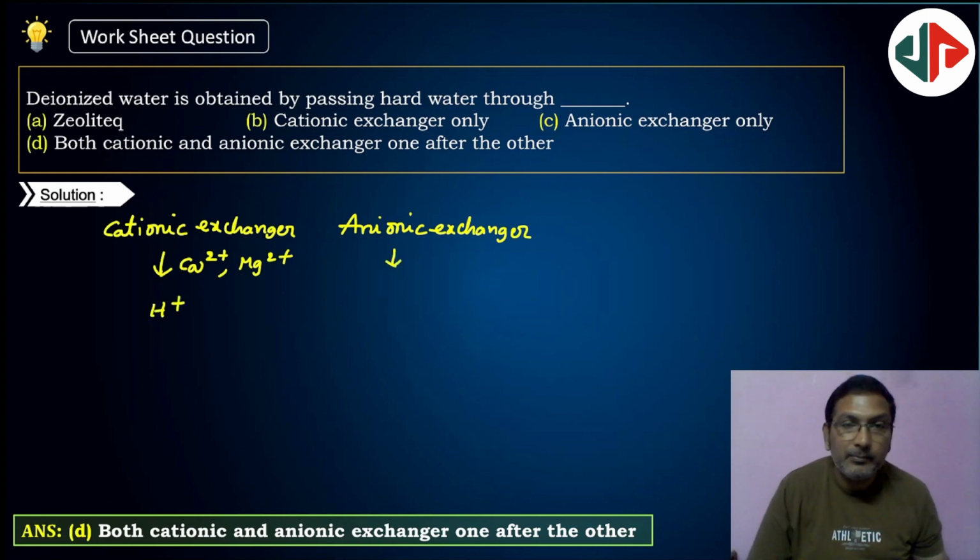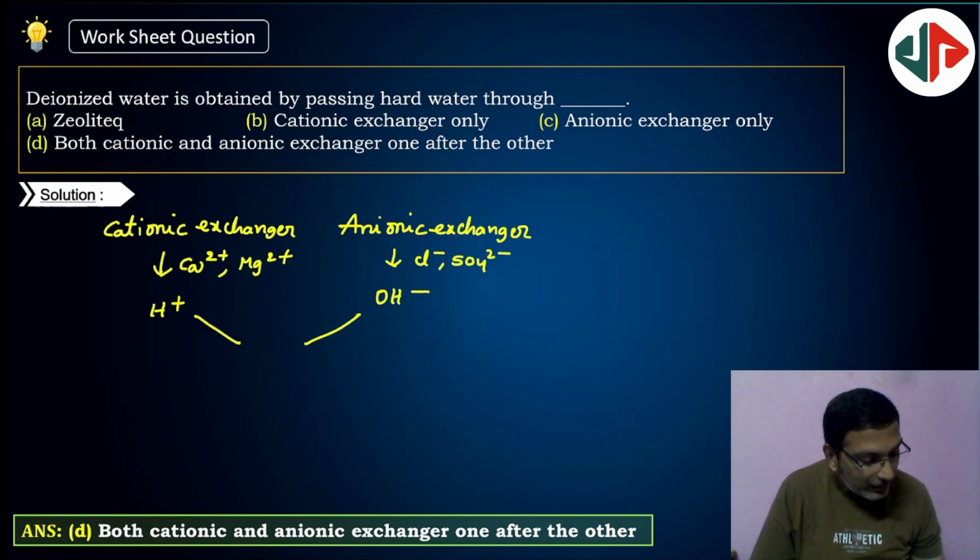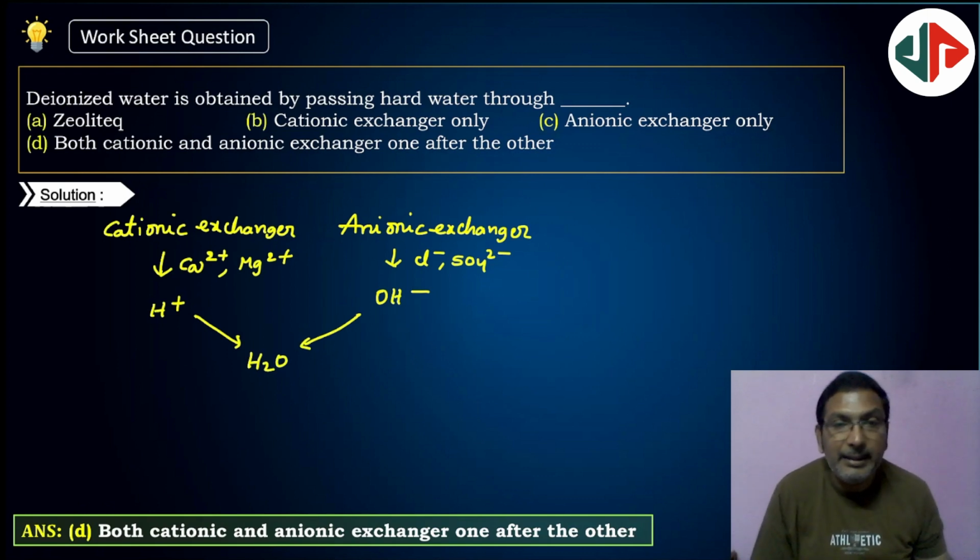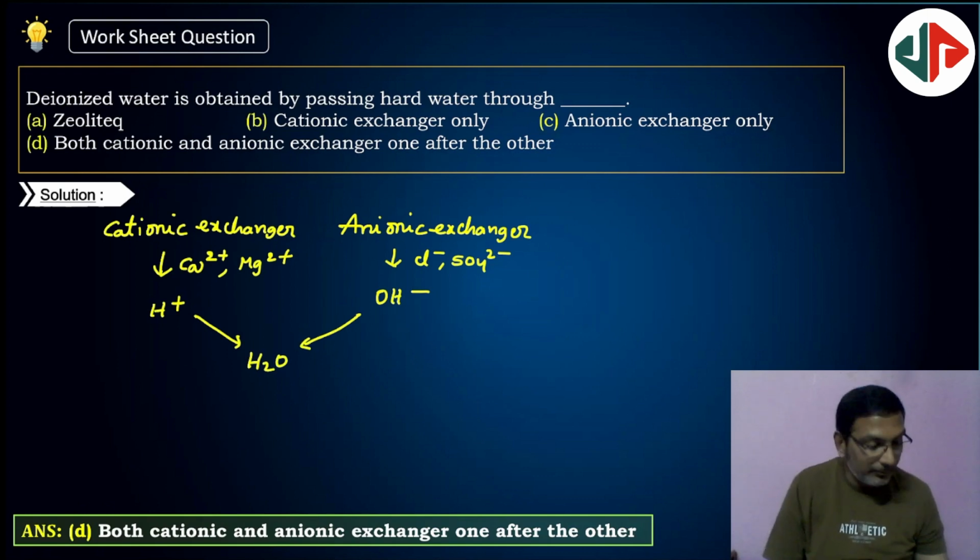After removal of Ca2 plus and Mg2 plus, the rest of the water is passed through anionic exchanger. It exchanges Cl minus ions and SO4 2 minus ions to release OH minus ions. So these two will combine to form deionized water or demineralized water. This is unfit for drinking.